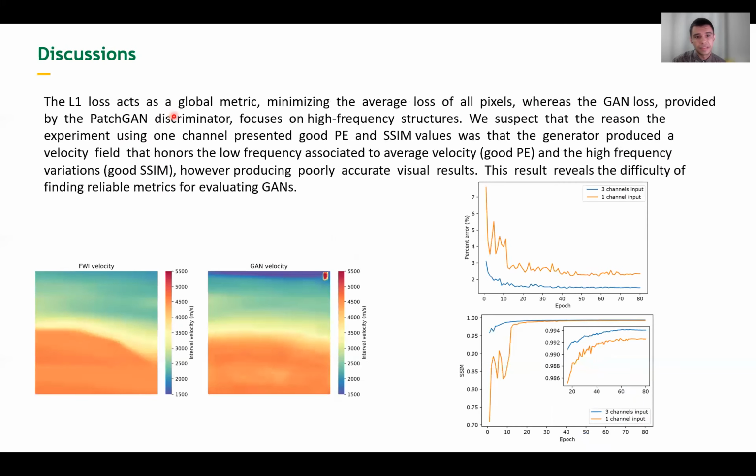The L1 loss acts as a global metric, minimizing the average loss of all pixels, whereas the GAN loss provided by the PatchGAN discriminator focuses on high frequency structures.